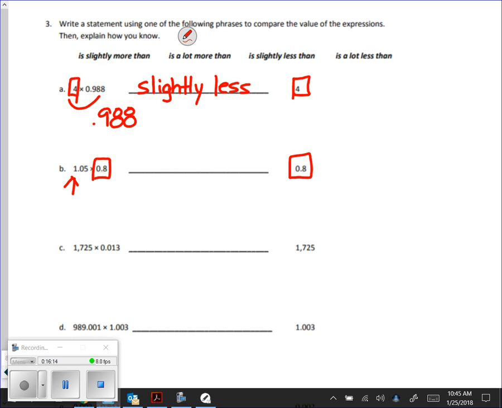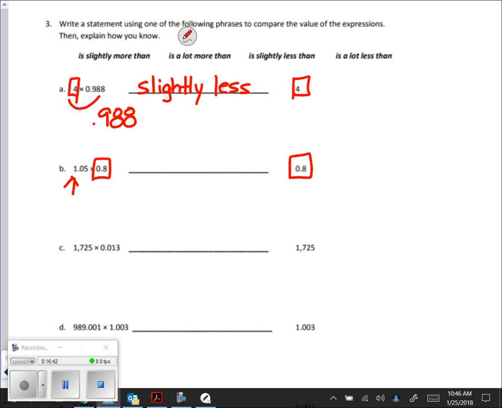Is it more than 1 or less than 1? More than 1. So my product's going to go bigger. Now is it going to be a lot more, or a little more? Is this way far away from 1? No. So it's just slightly more.